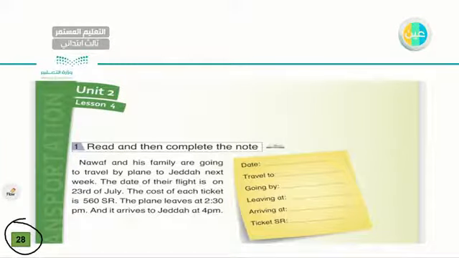Let's start. Nawaf and his family are going to travel by plane to Jeddah next week. The date of their flight is on 23rd of July. The cost of each ticket is 560 Saudi Riyal.